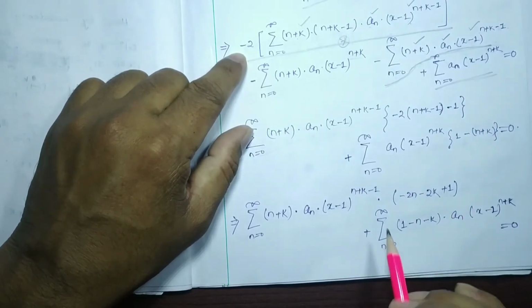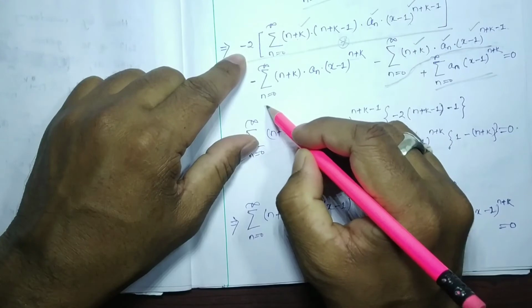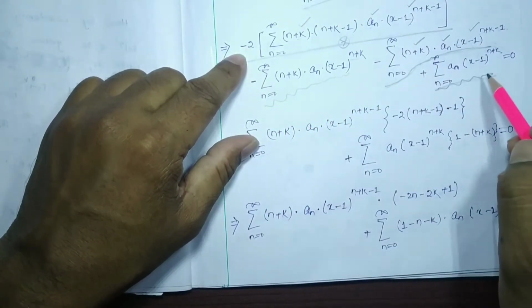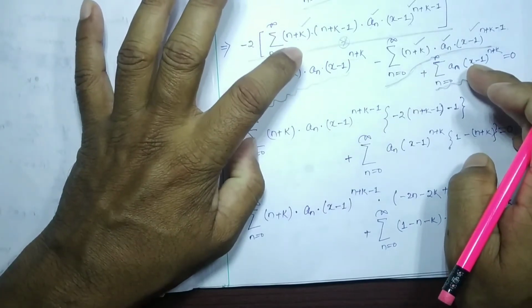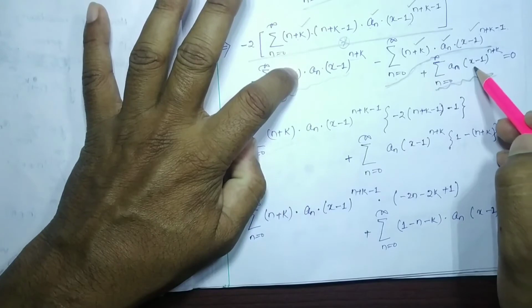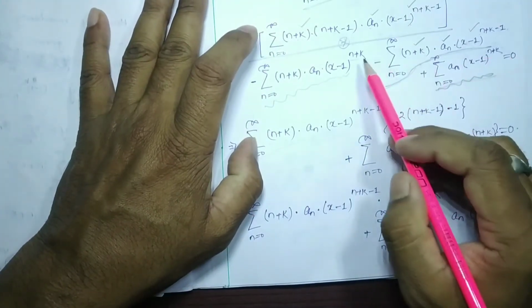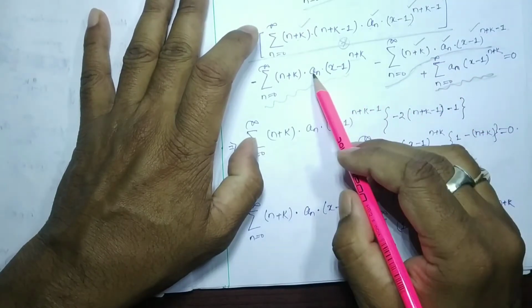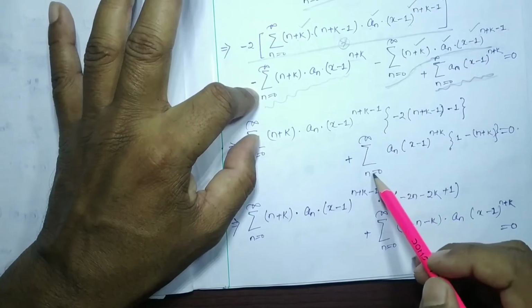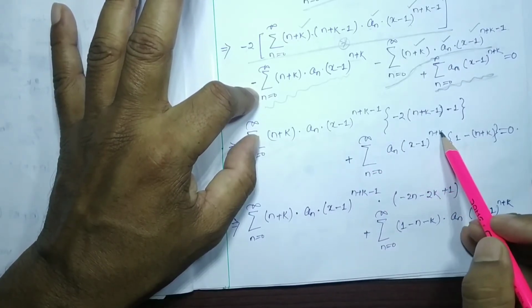Now consider the second term and the fourth term. This is your second term, and this is your fourth term. If we consider both, second and fourth, the power of x minus 1, n plus k, is common, and a n is also common, and can be taken outside like this: summation n equal to 0 to infinity, a n, x minus 1 to the power n plus k.